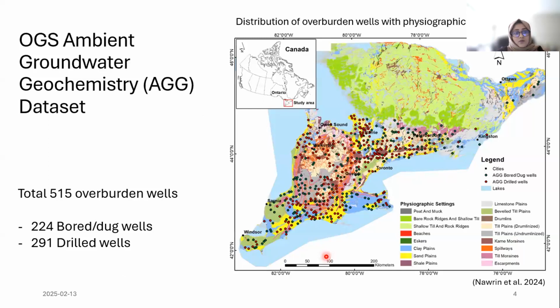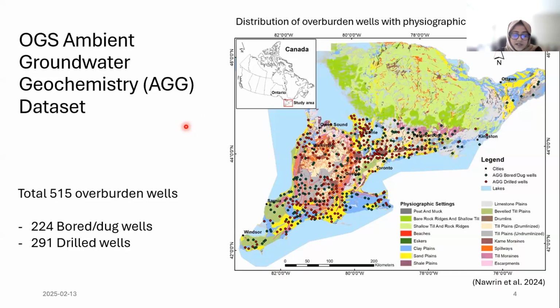The ambient groundwater geochemistry, that is AGG, dataset that we utilized was an outcome of a sampling program by OGS from 2007 to 2014 across Southern Ontario with a 10 by 10 kilometer grid resolution for characterizing the baseline groundwater geochemistry.